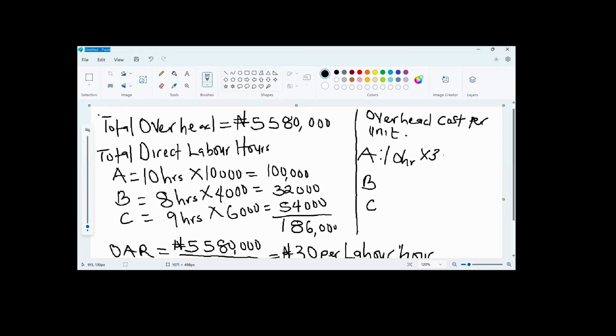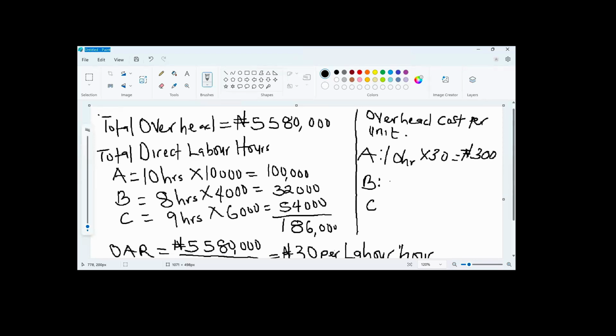Multiply by 30. What do you have? 300. That is 300 naira. That is what we call overhead cost per unit of product A.